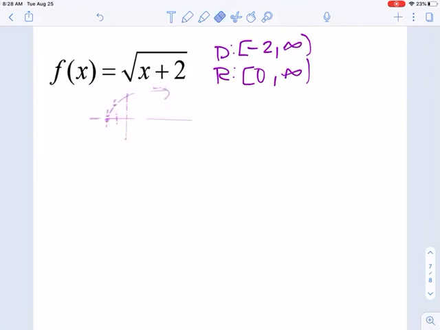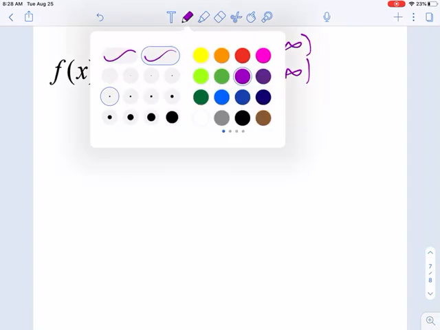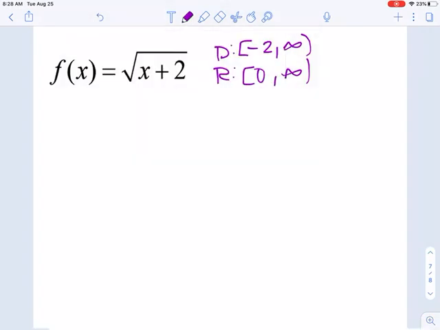Domain, -2 to infinity, range 0 to infinity, because we have a square root graph shifted to the left. Okay, maybe you're working ahead of me, and I think that that is awesome.